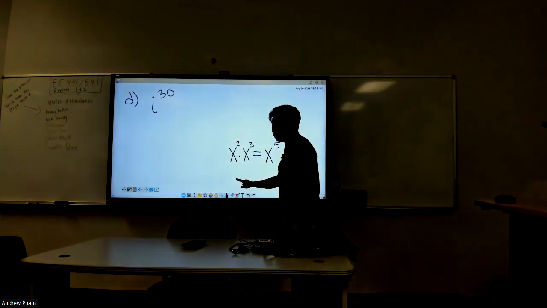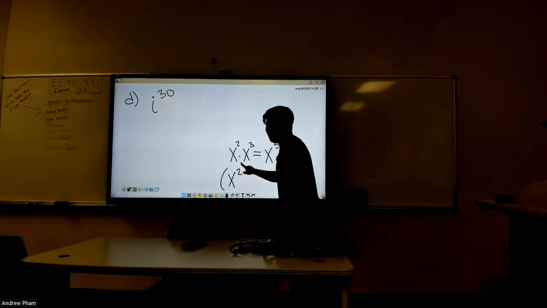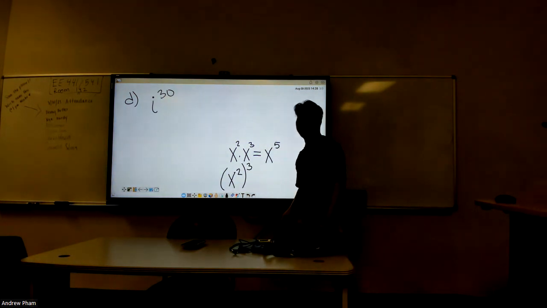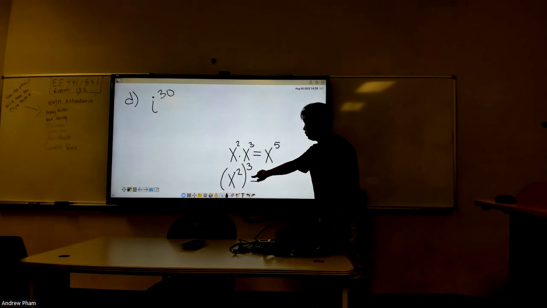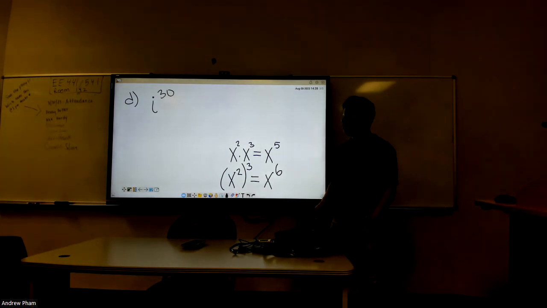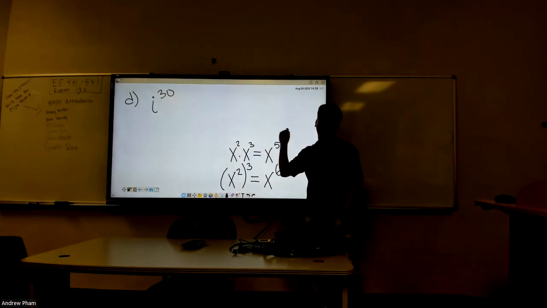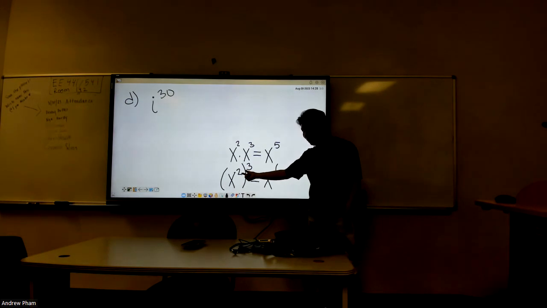How is that different from if I wrote this? This would be x squared, then cubed. That would give me x to the 6th power. So if I'm multiplying two x's together, I'm adding the powers. If I'm taking a power and then to another power, we're multiplying these two.